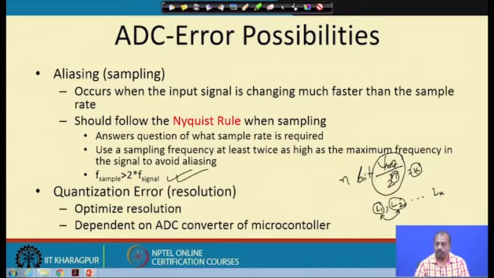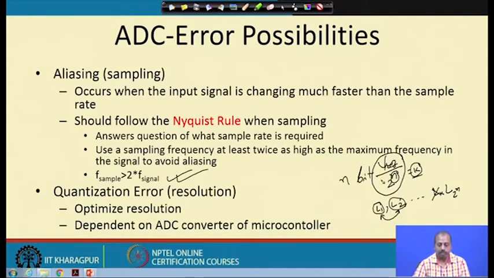So the levels are L1, L2 up to L 2 to the power n. If I want a large number of levels, this value of n should be sufficiently large.